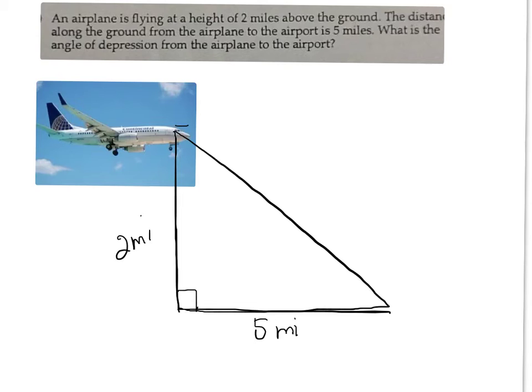But again, our line of sight, if we look out horizontally, this right here is the angle of depression. Well, guess what?